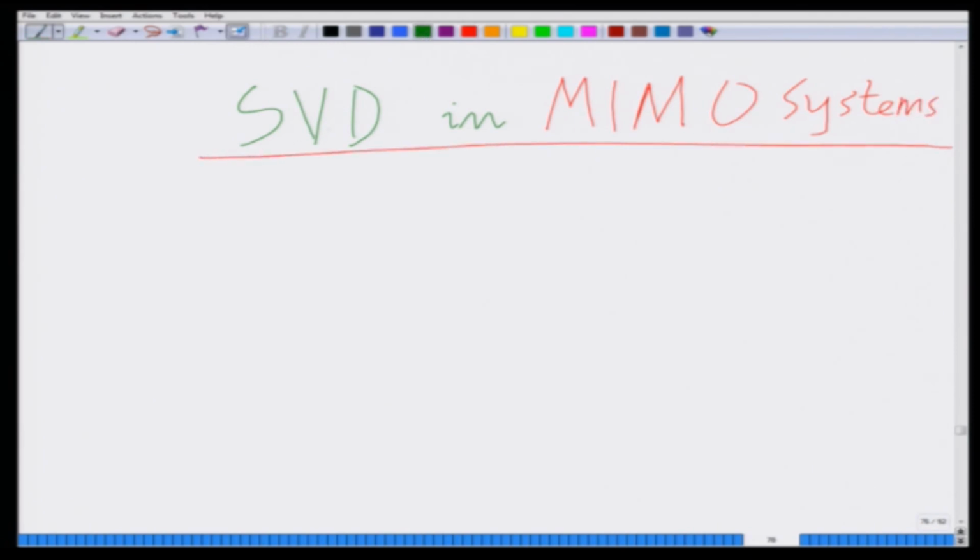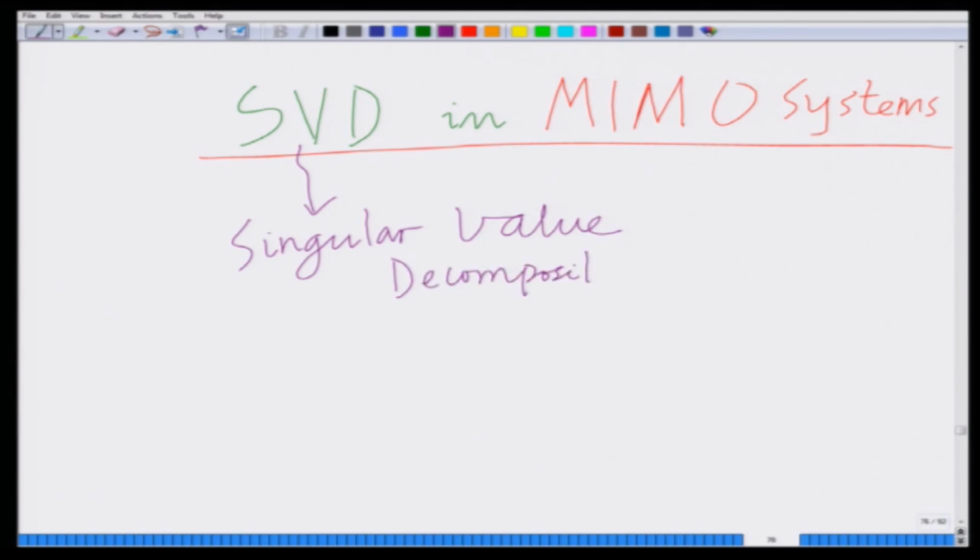And SVD, as we have already mentioned, stands for singular value decomposition, and SVD can be employed for MIMO communication.